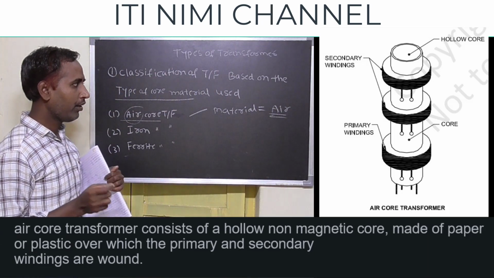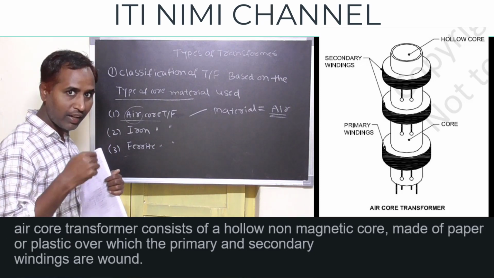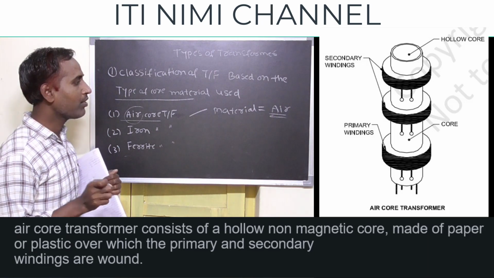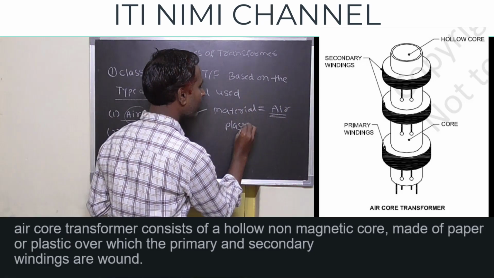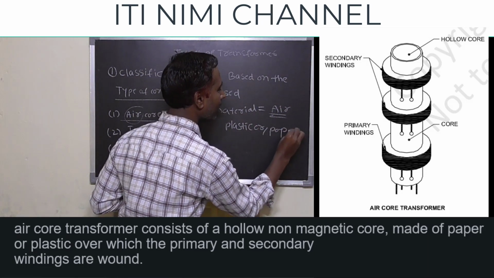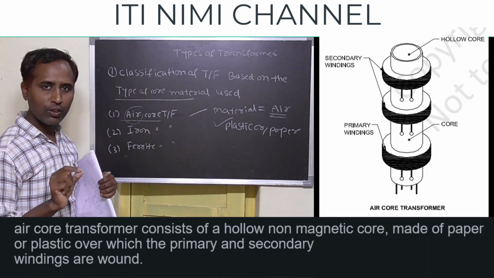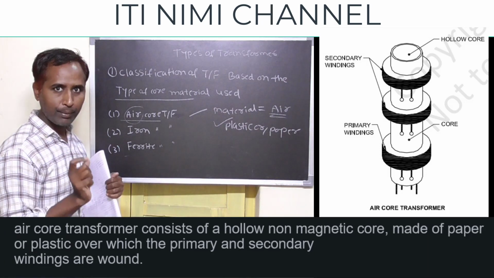Now, if the material is air, then how can we wind the primary and secondary winding on the air? So that's why we are using the plastic or paper as a core material. This is important point. In air core transformer, the material is plastic or paper.